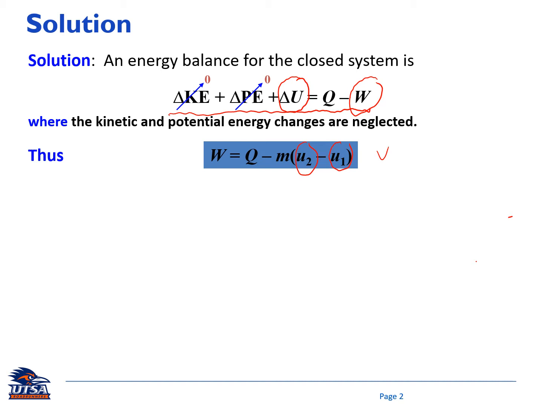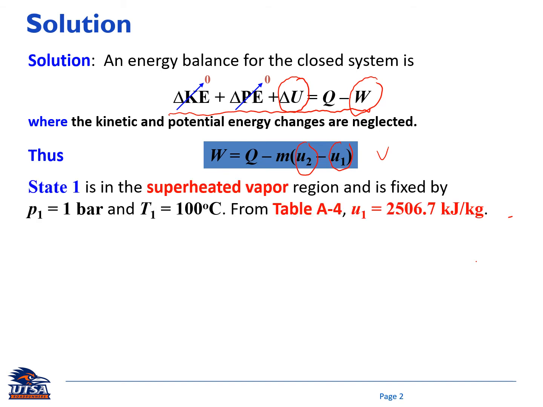So what is not known here in this equation is u2 and u1. So now you can use table A4 to get u1. If you remember, table A4 shows the water properties under superheated condition.